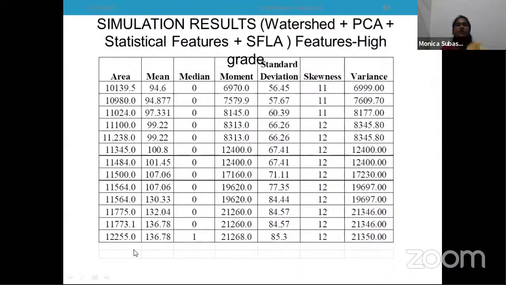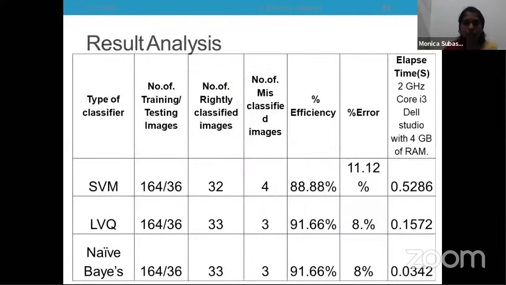So for differentiating low grade from high grade, this particular feature was helping us, and we selected the feature area for classification. And then what were the classifiers applied? SVM, support vector machines, learning vector quantization, and naive Bayes. These were the three classifiers I applied.